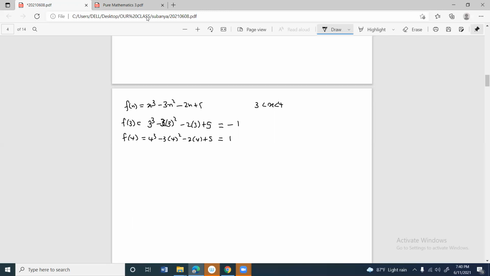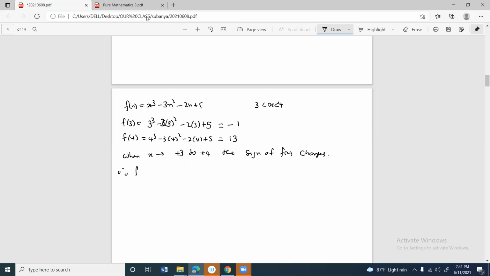Now what you can see, the sign changes. So you can say when x goes from 3 to 4, the sign of f(x) changes.